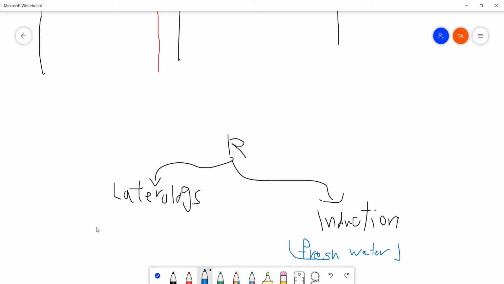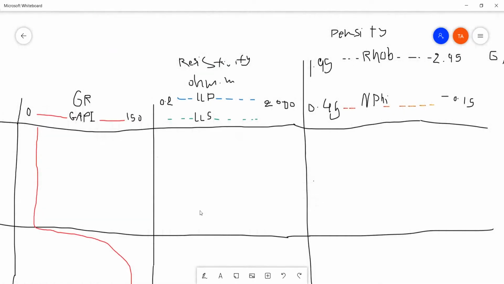The lateral logs run in high conductive mud, like salt water or salt based mud. So when we drill the well with salt based mud, we use lateral log. And here in this example, I used lateral log.